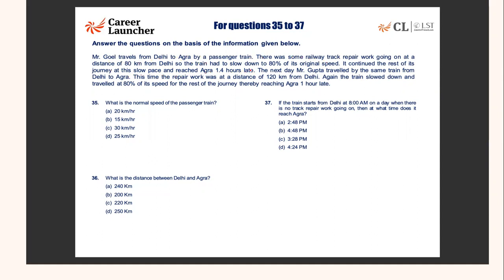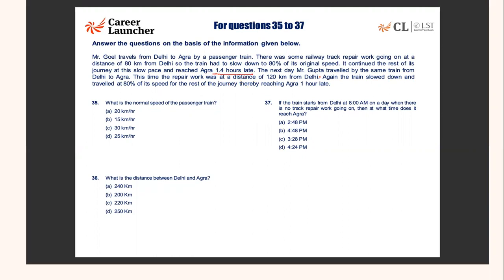So normally Mr. Goyal travels from Delhi to Agra, but on a certain day, there was some repair work going on at a distance of 80 km from Delhi, because of which the speed of the train got reduced. Now, if the speed of the train got reduced, then definitely time taken would have increased, right? So because the speed got reduced, Mr. Goyal took 1.4 hours more than normal.